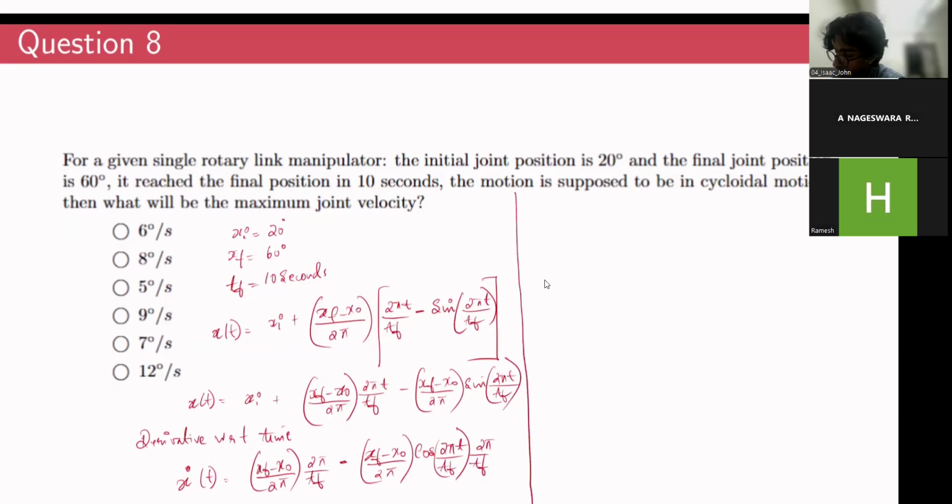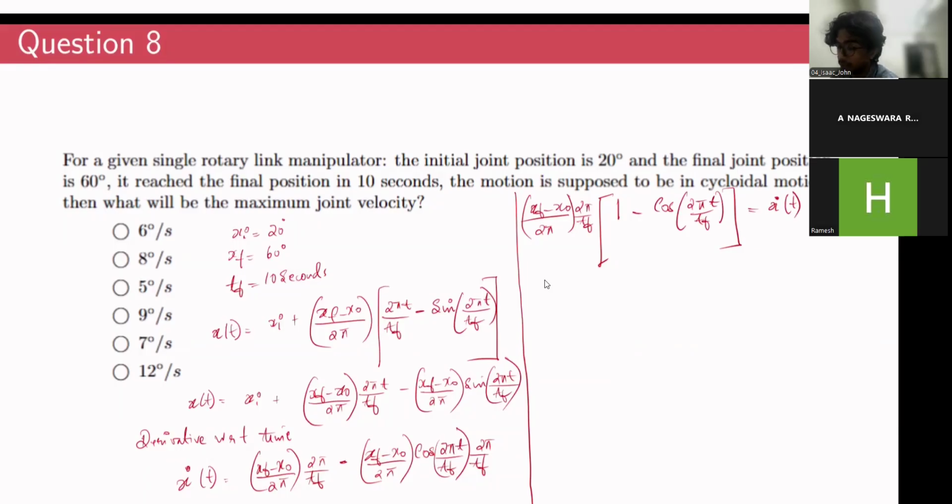So if I take these common terms, xf minus x0 by 2 pi multiplied by 2 pi by tf, we have this term over here. The same term is also over here. I'll take the common terms outside: xf minus x0 by 2 pi multiplied by 2 pi by tf, whole multiplied by 1 minus cos of 2 pi t by tf. This will be the expression of velocity x dot of t.